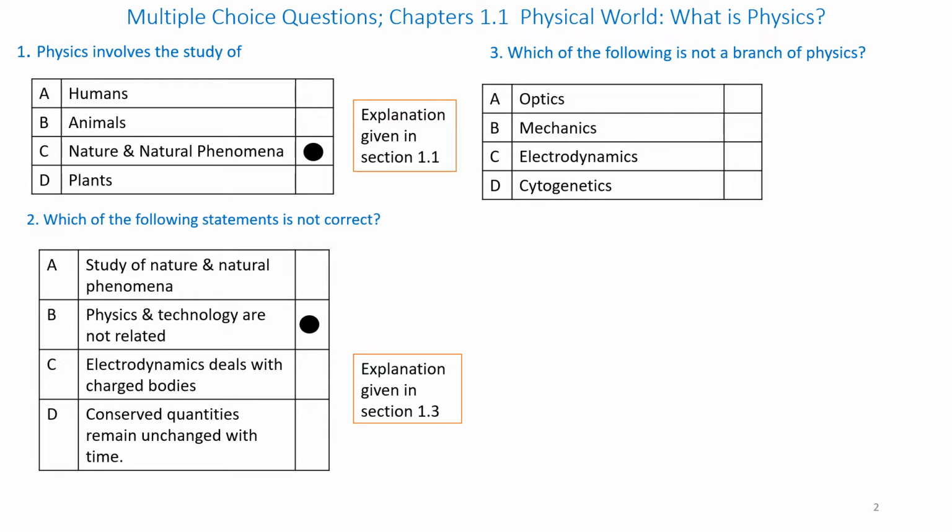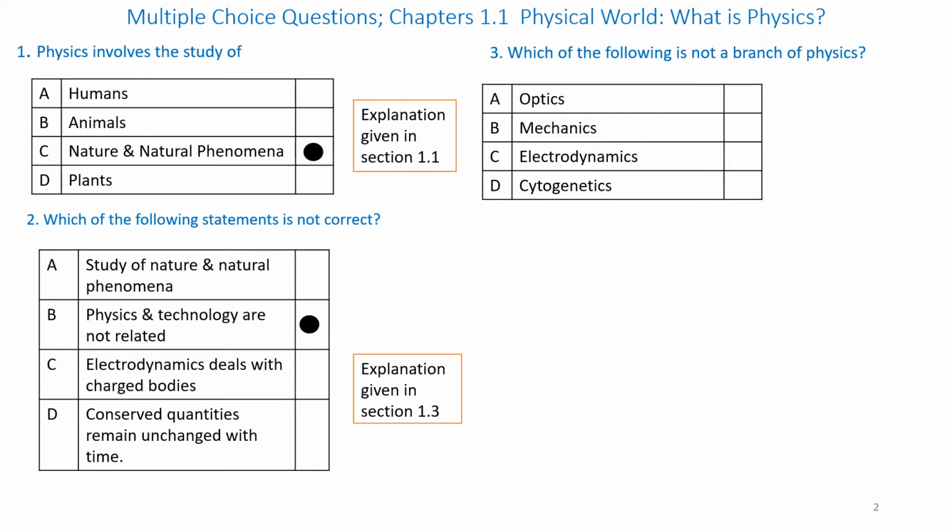Question number 3. Which of the following is not a branch of physics? Part A optics, part B mechanics, part C electrodynamics, part D is cytogenetics. So we have to choose the choice which is not a branch of physics.